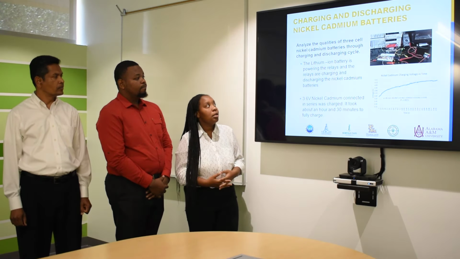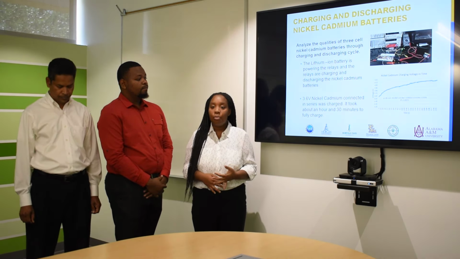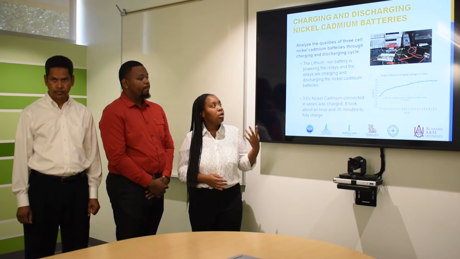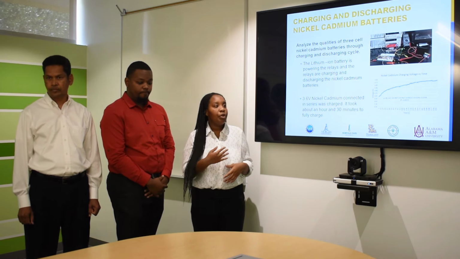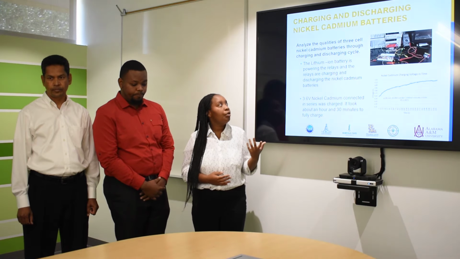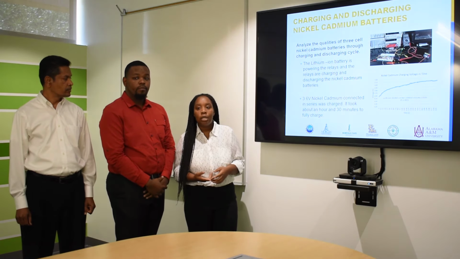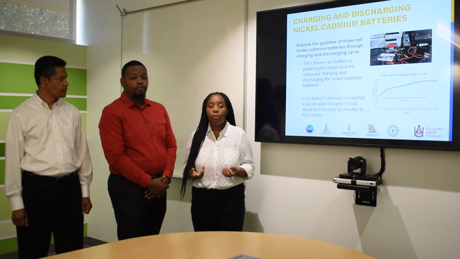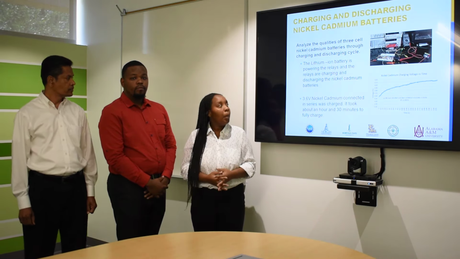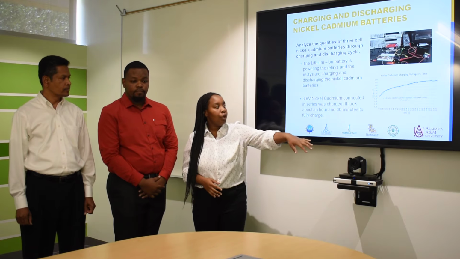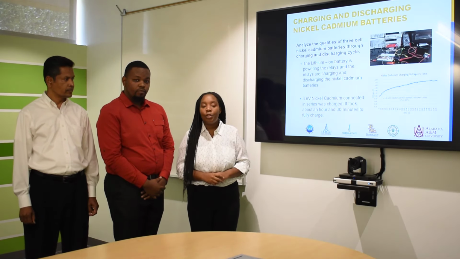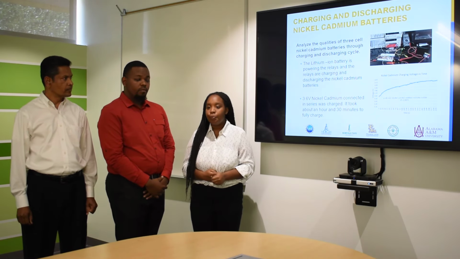Here we are analyzing the different qualities of a 3-cell nickel cadmium battery. We use the lithium-ion battery from previous experiments to power the relays, because both relays are acting as our charging and discharging for the batteries. We also use the 3.6 volt nickel cadmium batteries in series, and as you see from the graph here, it only took an hour and 30 minutes to fully charge.